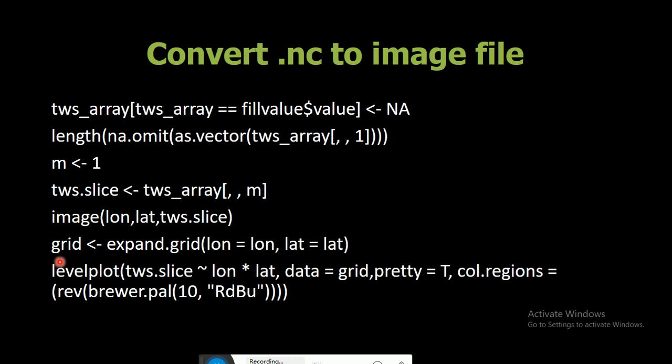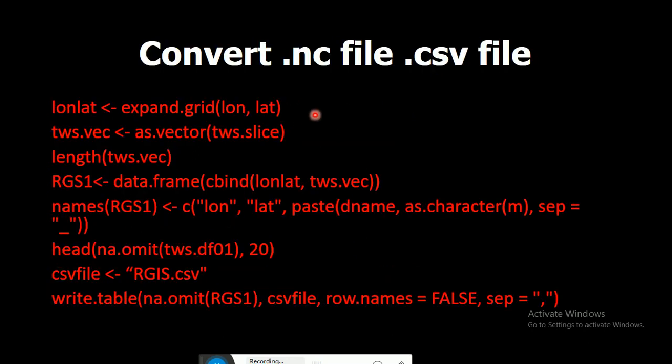The grid is very important to plot the image file, because the grid takes the values of the data, defines the values, and defines the extent of the data. After that, level plot.